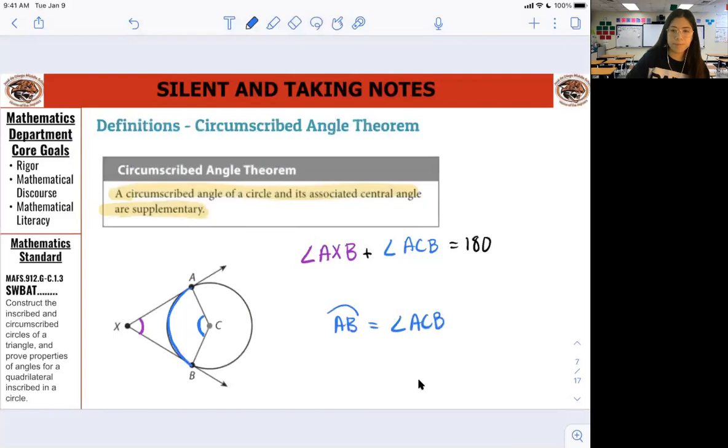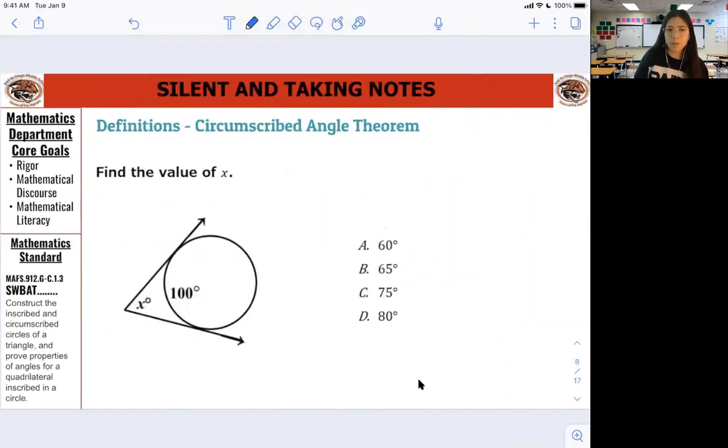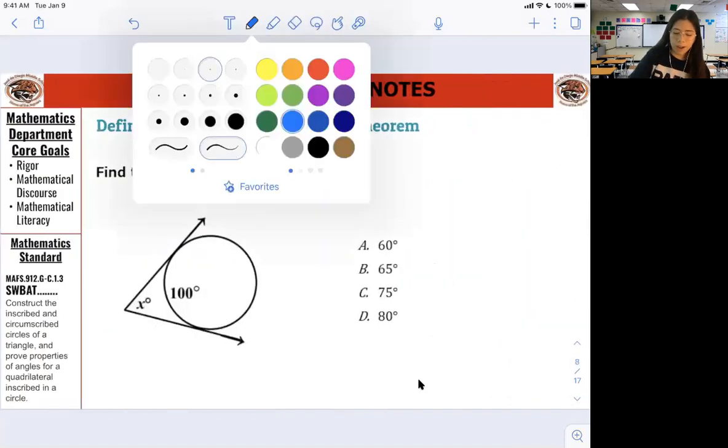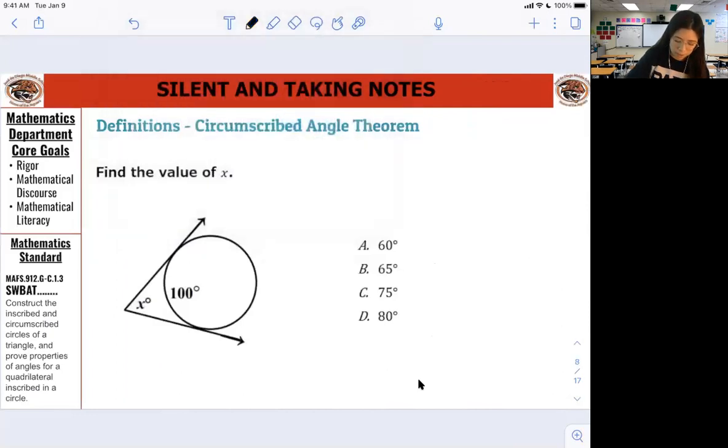They're equal. So going back over here, I don't have a central angle. It's not there, but I can draw one in real quick. Here's my central angle.